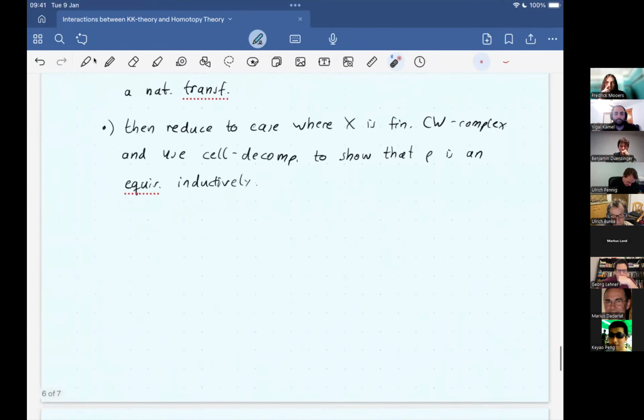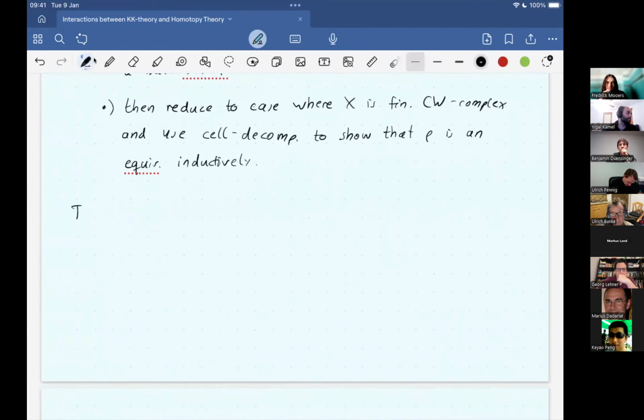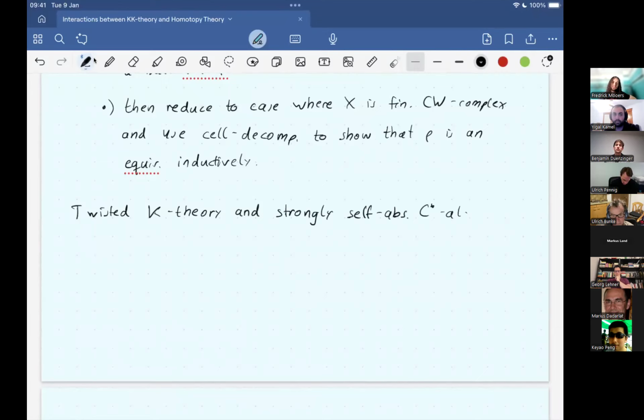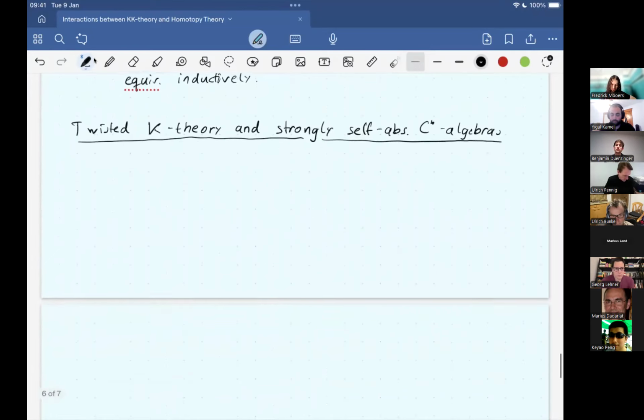And so there is a connection between the two pictures of twisted K theory and a class of C-star algebras from the classification program, and these are called strongly self-absorbing C-star algebras. And I wanted to outline how these two things fit together.